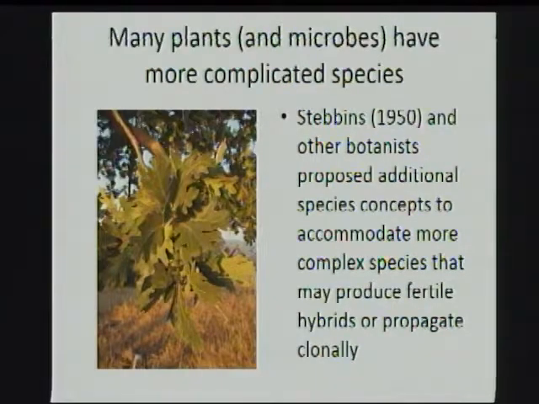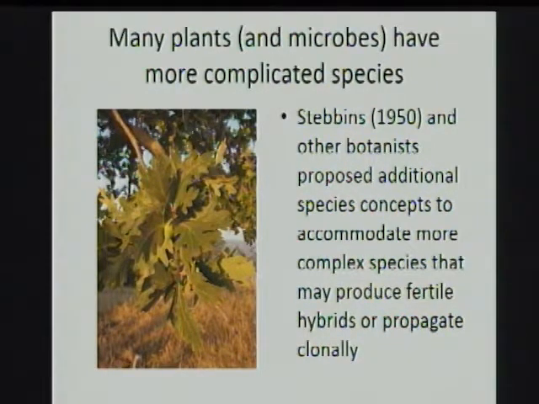And this is the reality. And in fact, this idea of more complex species comes from botanists. Because plants, we look at a genus like Quercus, the oak genus, this is a common thing. It hybridizes, the offspring are fertile, yet at the same time, we go out in nature, we can see these species are distinct entities.